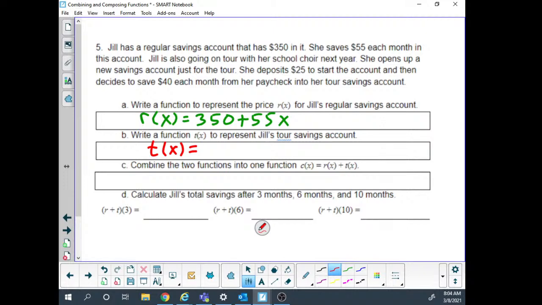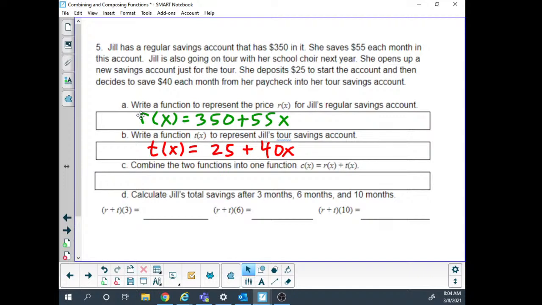Would it be T of x equals 25 plus 40x? 25 to start out plus 40x. Avery, what do you like about this equation? It looks like the first one that has what you start with and then what you're going to gain.